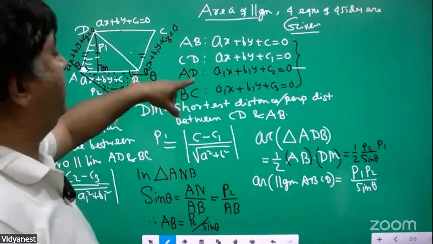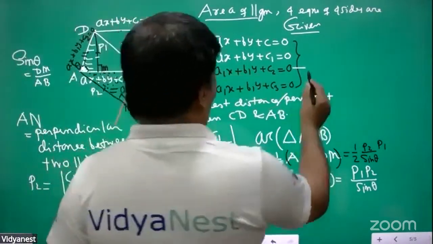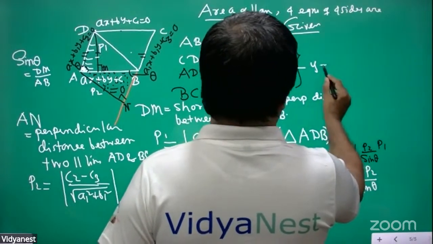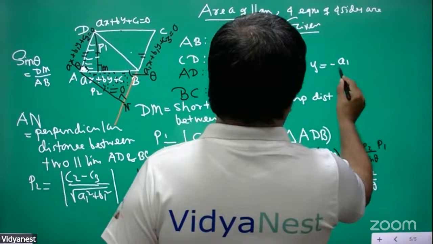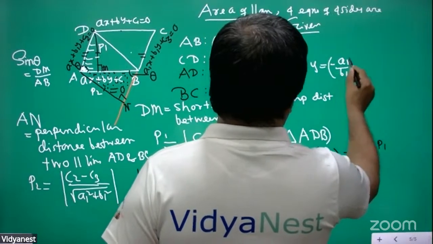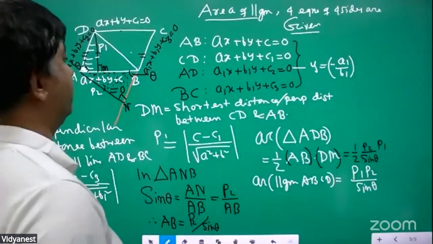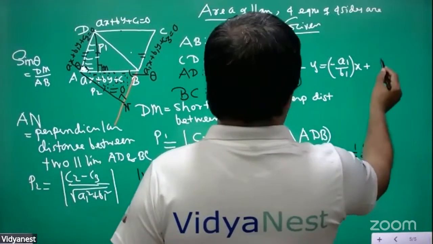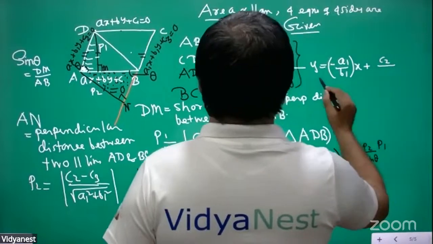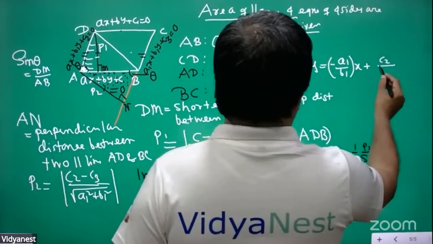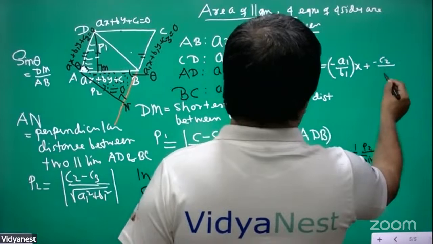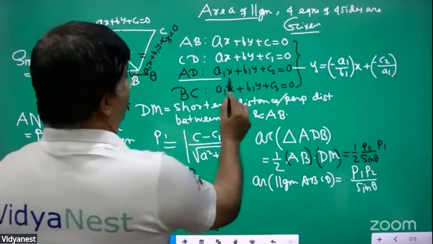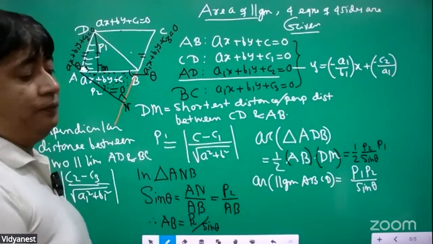Can I convert it into slope form? Yes. Y is equal to minus A1 by B1 into X plus minus C2 by B1. So this straight line is converted into slope form.